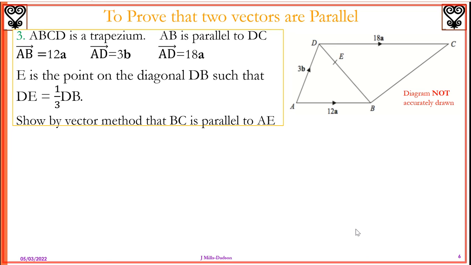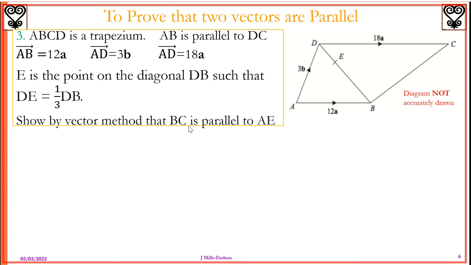The last question on proving parallel lines is like this. So we have a trapezium. Vector AB is 12A, so you check with the arrows, everything to confirm. Vector AD is 3B. Vector DC is 18A. E is a point on diagonal DB such that DE, so this bit, is 1/3 of the whole line.